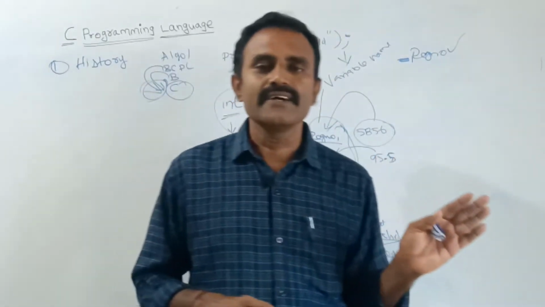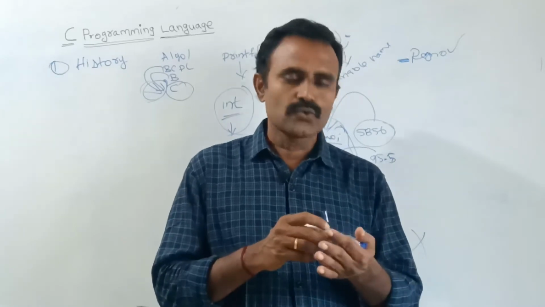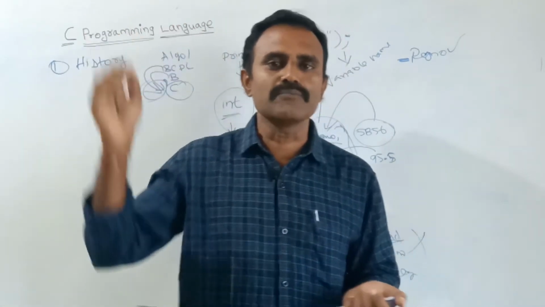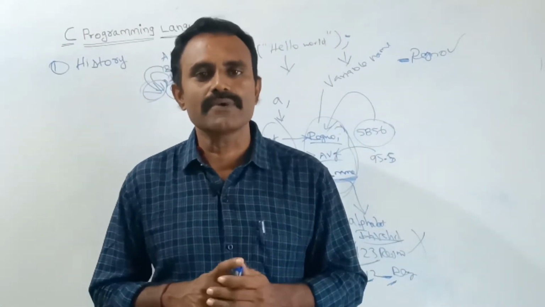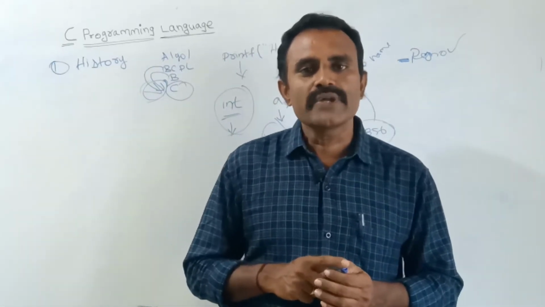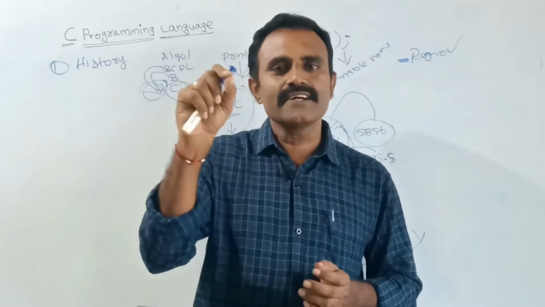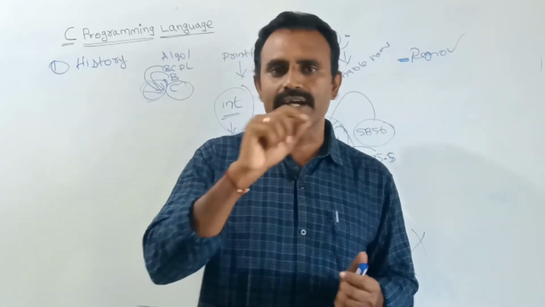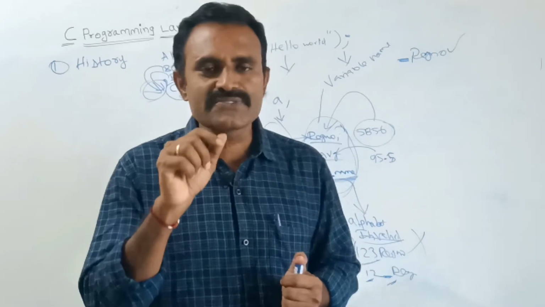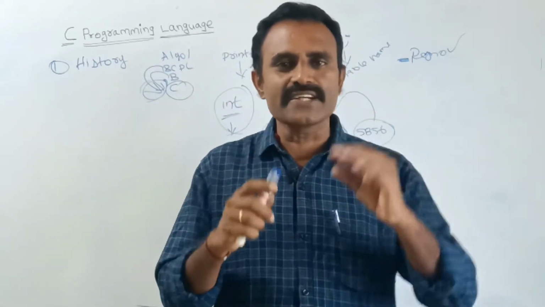Next, let us see about constants. In constants there were two types. One is the number part and another one is the character part. Suppose you are storing letters to a variable, that is a character constant. The purpose of using a constant is that it will be a fixed value.